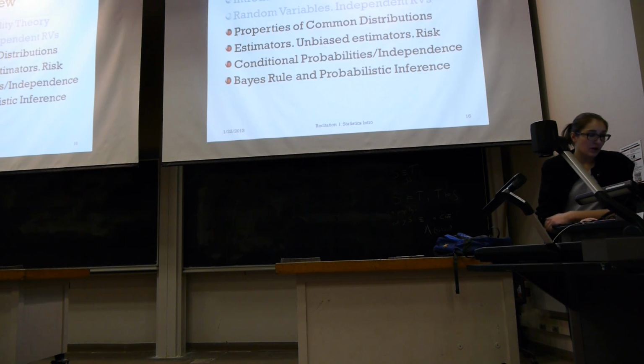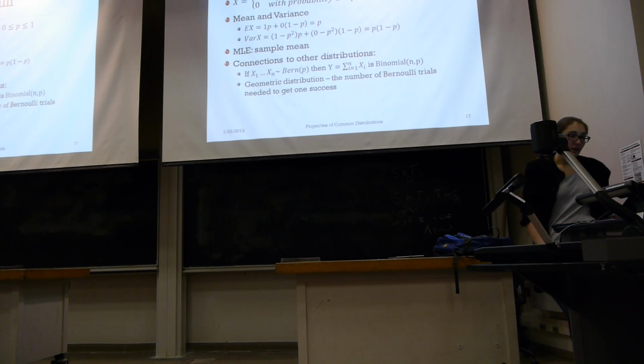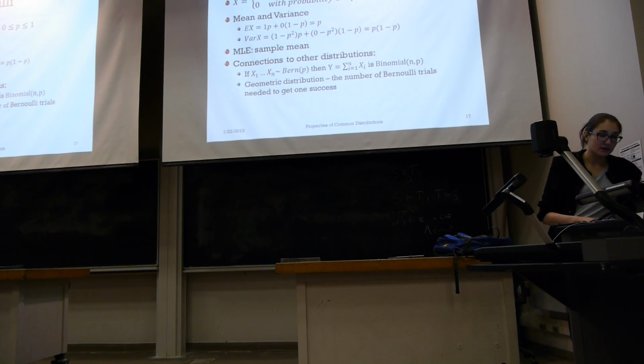So let's see some properties of common distributions that you're going to be using. You were already taught what a Bernoulli variable is. You draw a bit, and the probability with which the bit is 1 is p, and the bit can also be 0 with probability 1 minus p.